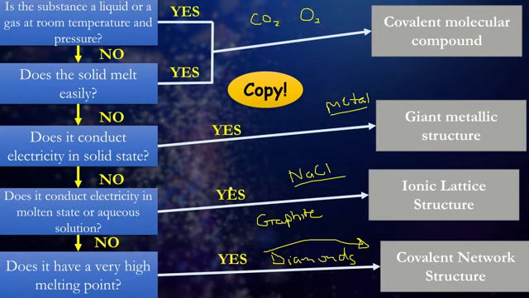So graphite, if you recall, is each carbon bonded to 3 carbons, whilst diamond is each carbon connected to 4 carbons. Okay, so there's that.